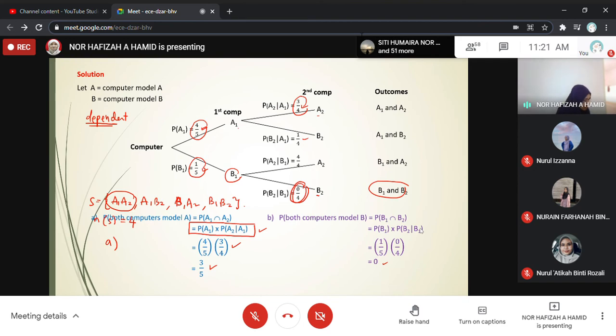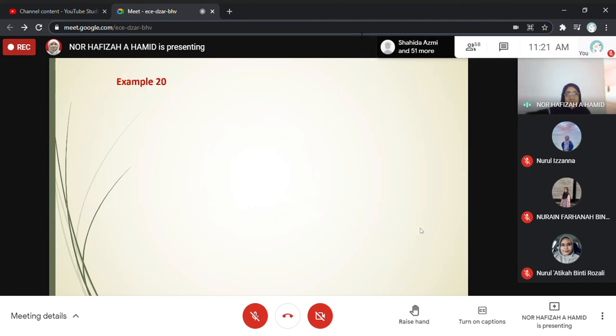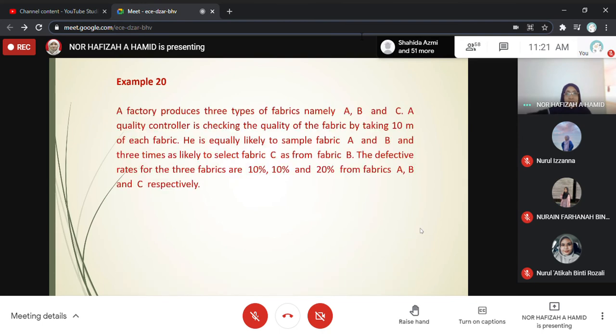Okay, last, example 20. A factory produces 3 types of fabrics: A, B and C. He is equally likely to sample fabric A and B. Equally likely means the probabilities will be equal, so the probability for A and B will be equal.